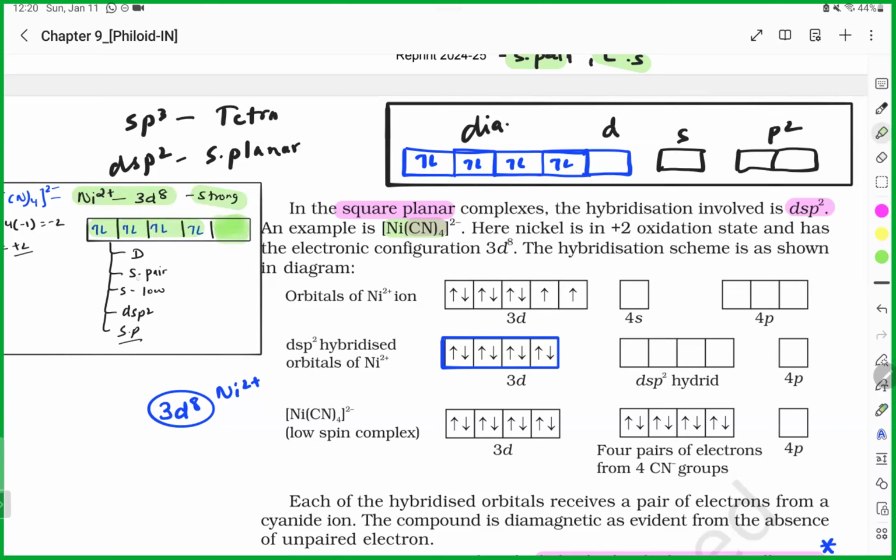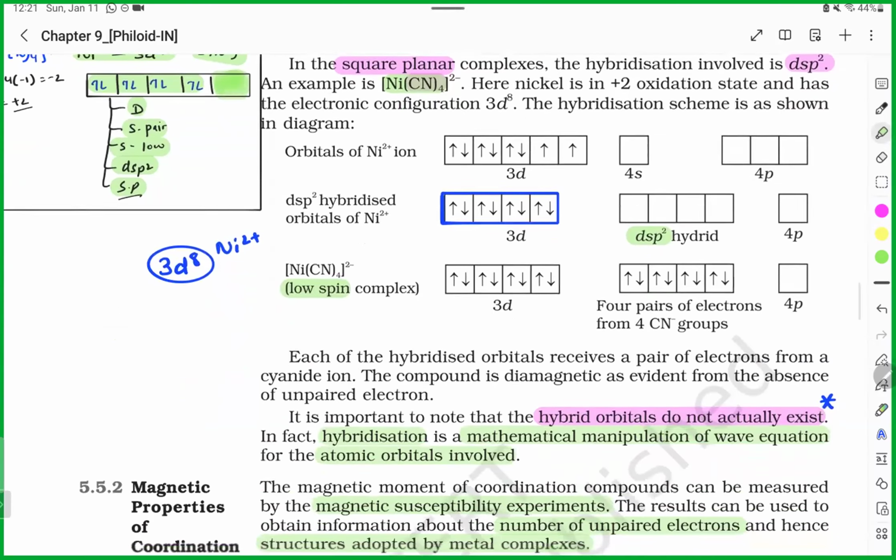All electrons are paired, so this is spin paired, low spin, dsp2 hybridization, square planar, diamagnetic. Correct? dsp2 hybridization, low spin, square planar, and everything. Any doubt, guys?